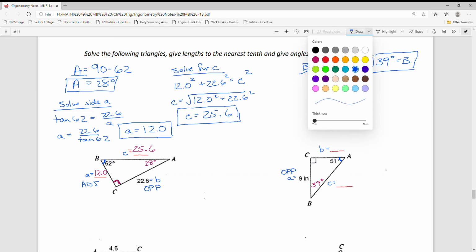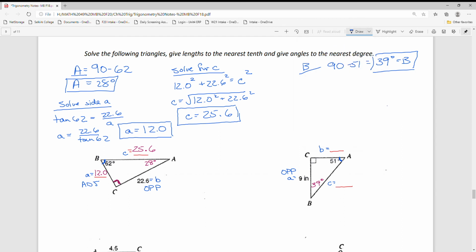I'm trying to do these kind of in a similar way to give you a little bit of continuity. So solving for side B, I'm going to use trig. And if I have side B, that is adjacent to my angle that I was given. And so that tells me which trig ratio to use. It would be 9 over B. And solving for B, remember to swap and divide.